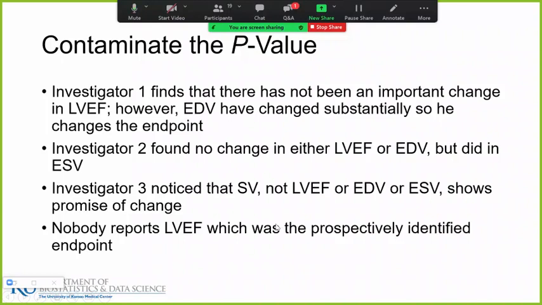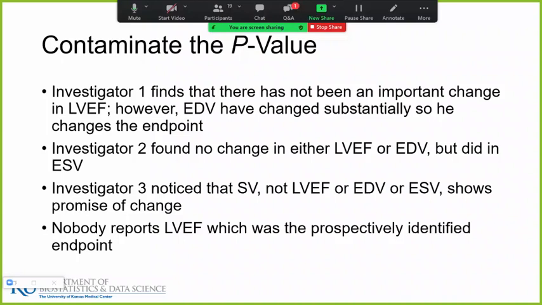In study number 1, investigator 1 finds no important change in the primary outcome, LVEF. However, when they look at that secondary data, they find that the end diastolic volume, EDV, did change substantially. So what do they do? In the publication of the study, they focus on EDV.